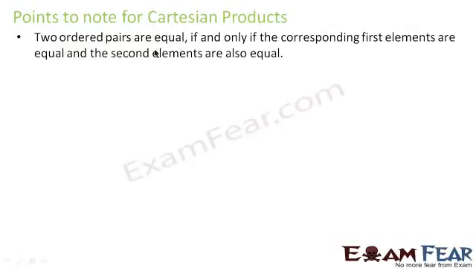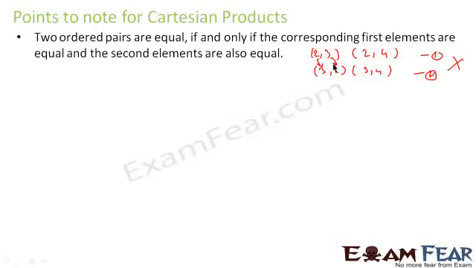Two ordered pairs are equal if and only if the corresponding first elements and the second elements are equal. For example, say there is an ordered pair (2, 3) and the next one is (3, 2). These two are not equal because the elements are the same, but the first element should match the first element and the second element should match the second element.